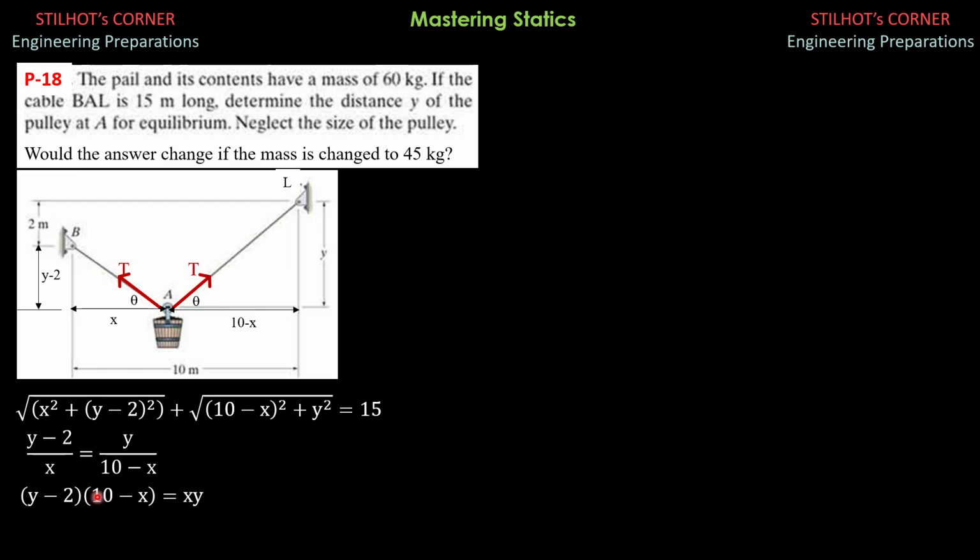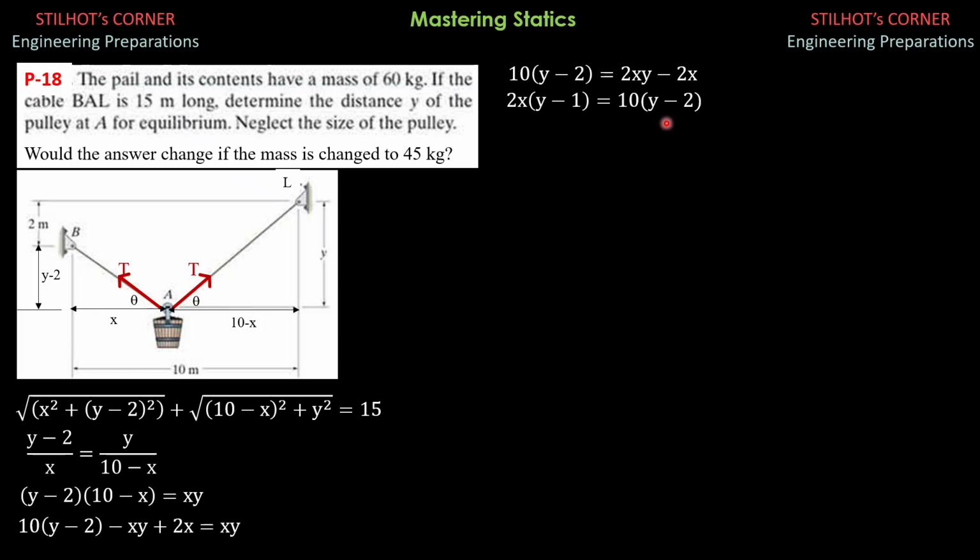Then distribute 10 and x, so this is 10 times quantity y minus 2 minus xy plus 2x equals xy. Transpose this 2x to the right, so we have 10 times y minus 2 equals 2xy minus 2x. Then factor out 2x, so we have 2x times quantity y minus 1 equals 10 times quantity y minus 2, divided by 2. So x is 5 quantity y minus 2 over y minus 1.